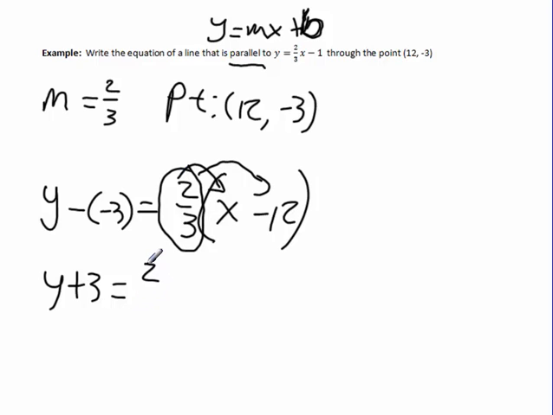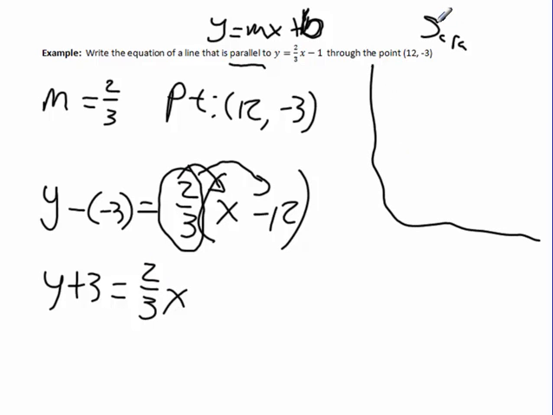So I get 2/3 x, and here I'm going to do some scratch work real quick, just like I did on the other problem. I want to know what 2/3 times negative 12 is. Well, at least I know it's negative.